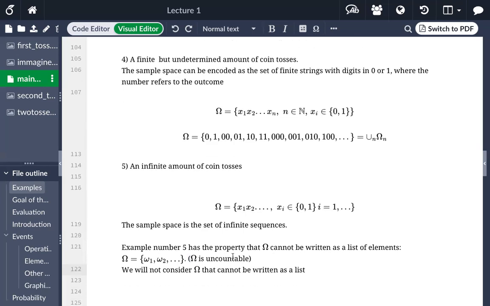Why is that? Because there are some subtleties which are not worth studying, and it would require a course in analysis.